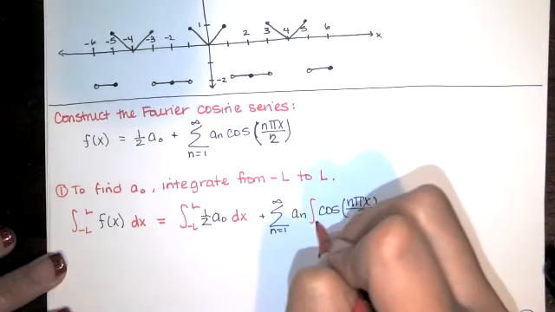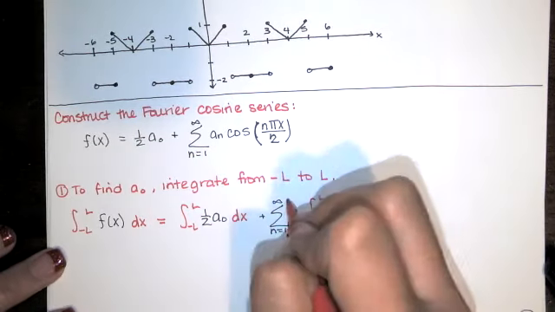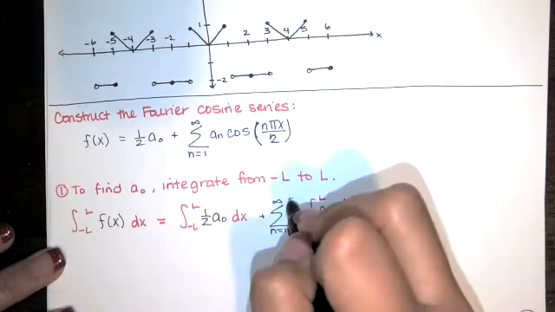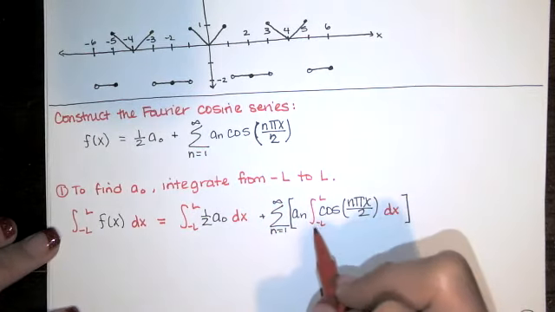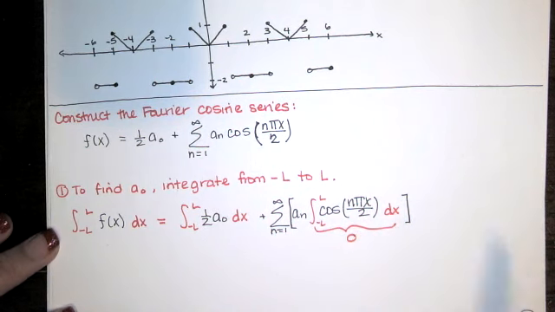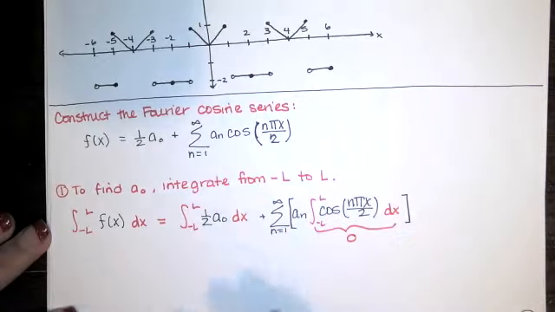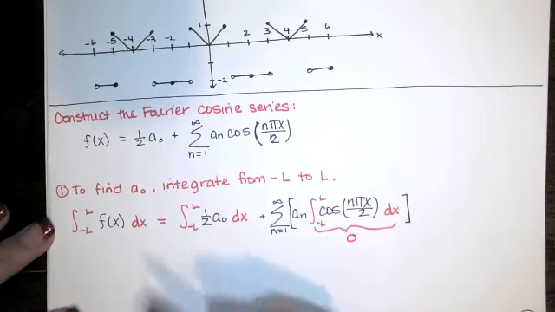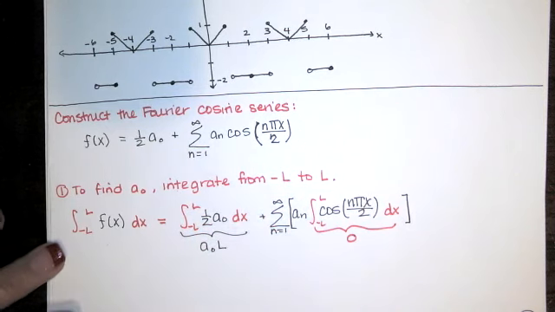We integrate that from negative L to L. From before, we know that this simplifies to 0. And if we integrate this constant with respect to x and substitute x equals L and x equals negative L and simplify, this piece ends up being just a naught times L. You can confirm if you want to.